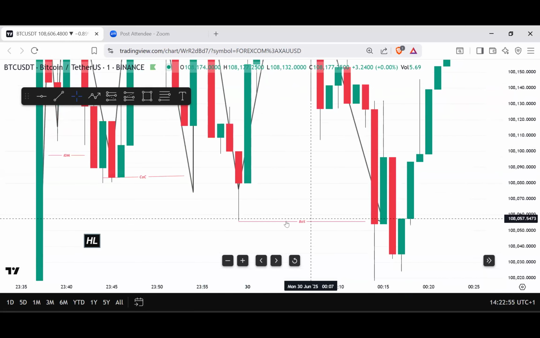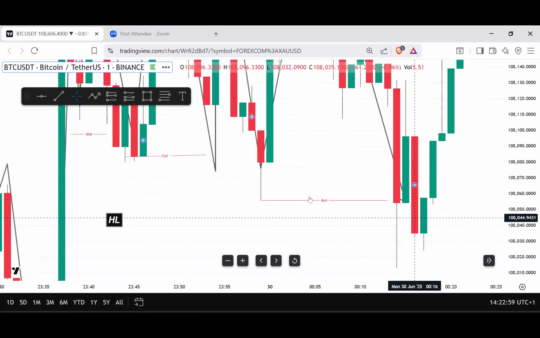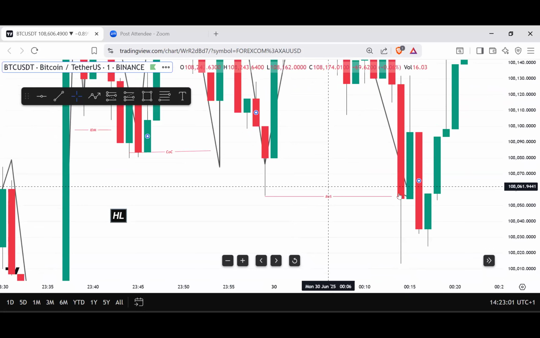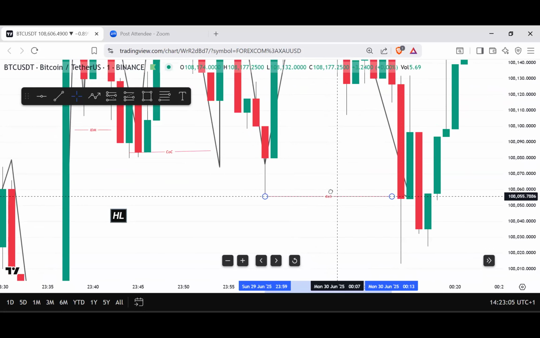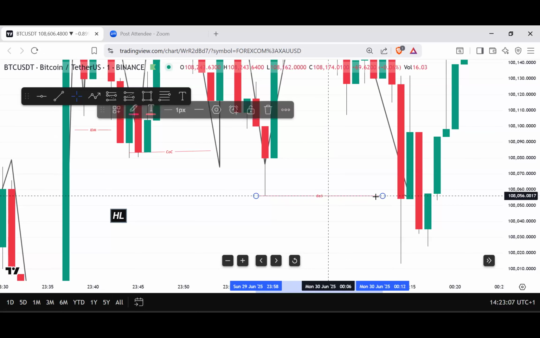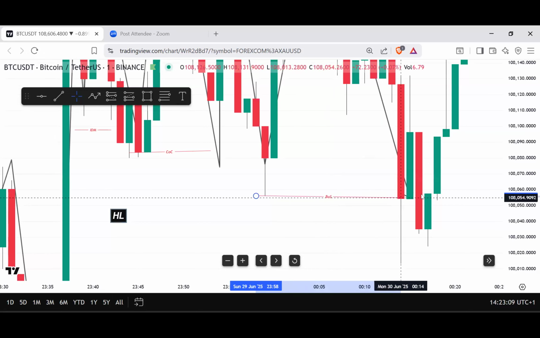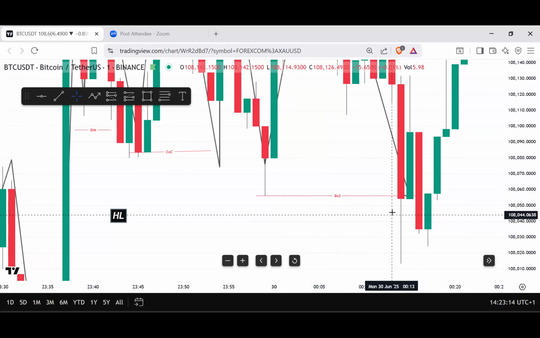In this scenario, this candle actually closed below this. So the break of structure, but like a trend can change and then change again immediately.